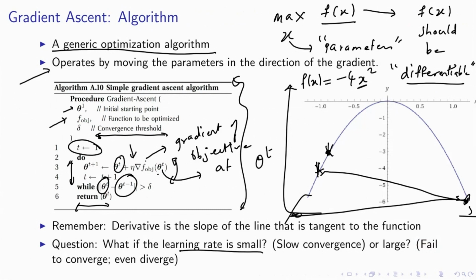Give an equation for the objective function and an equation for the gradient, and you're all set. The library for gradient ascent or gradient descent will do the magic for you and find the optima.